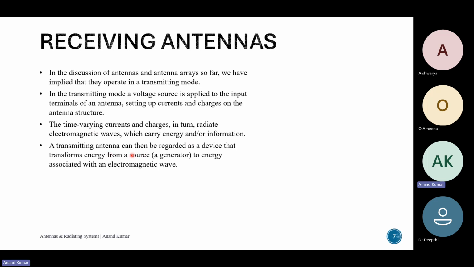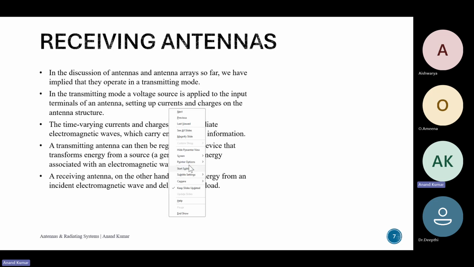A transmitting antenna can then be regarded as a device that transforms energy from the source generator, the voltage source or the current source which is feeding the antenna, into an electromagnetic wave. A receiving antenna, on the other hand, extracts this energy from the incident electromagnetic waves.